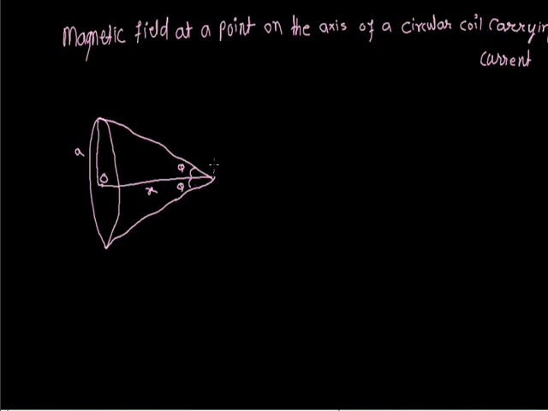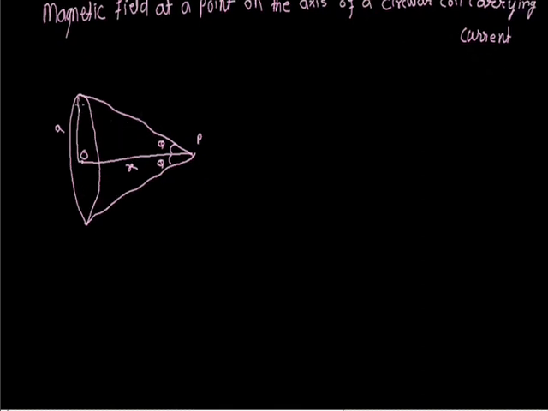At point P, where we want to find the magnetic field intensity, this is the circumference of this circle. If we join the circumference and the point P, this angle is 90 degrees and this angle is also 90 degrees.